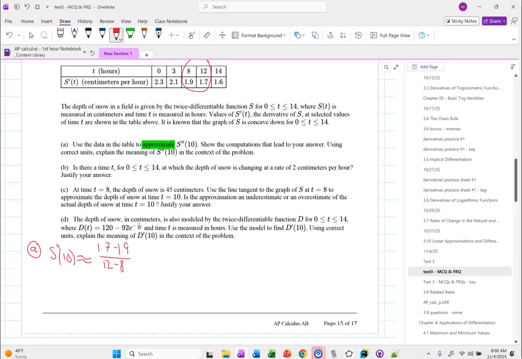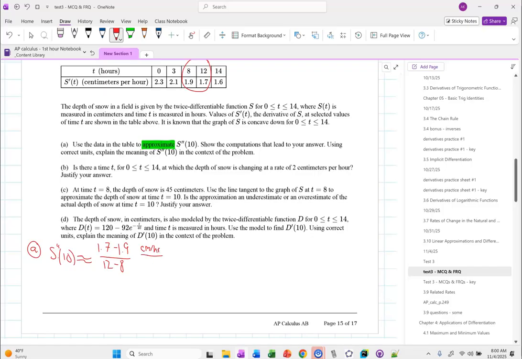What should the unit be on this? So what's the unit for the numerator? Centimeters per hour, right?